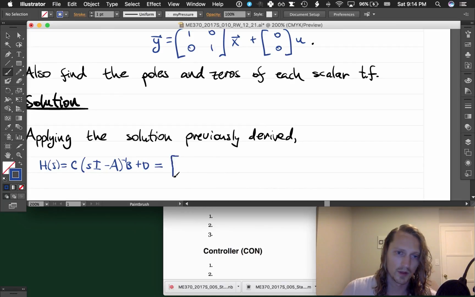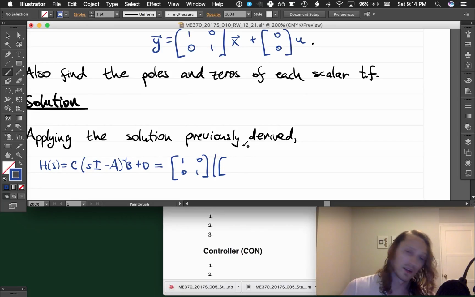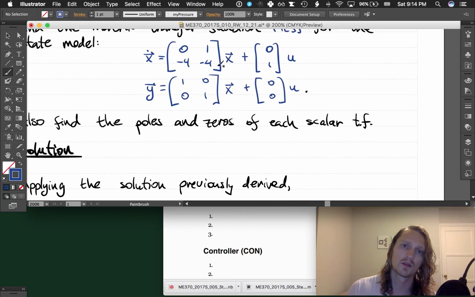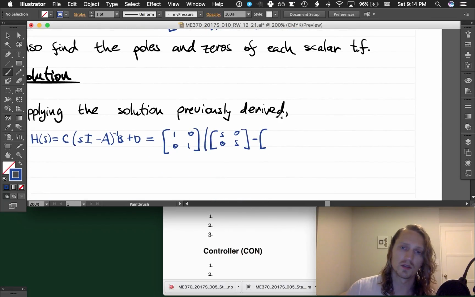It's a 2 by 2 identity matrix, 1 0 0 1, times s times the identity matrix, which is just going to give us s along the diagonal, s 0 0 s, minus the A matrix, which from here is 0 1 negative 4 negative 4.